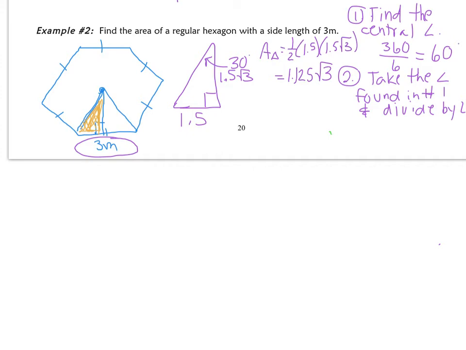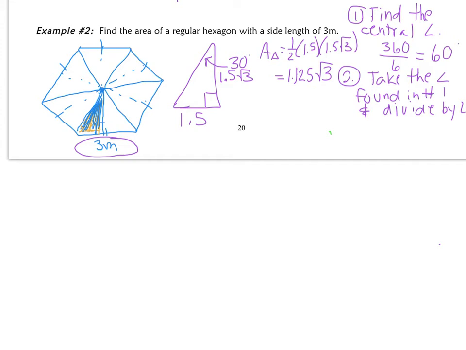But remember, what I'm supposed to find here is not the area of a little right triangle. I'm supposed to find the area of a regular hexagon with a side length of 3 meters. So if I have the area of this little right triangle, I have to figure out how many of those little right triangles make up this hexagon, and then I would just multiply by that number of triangles. So notice if I was to split each of those isosceles triangles that go to the vertices in two, I have 12 of them.